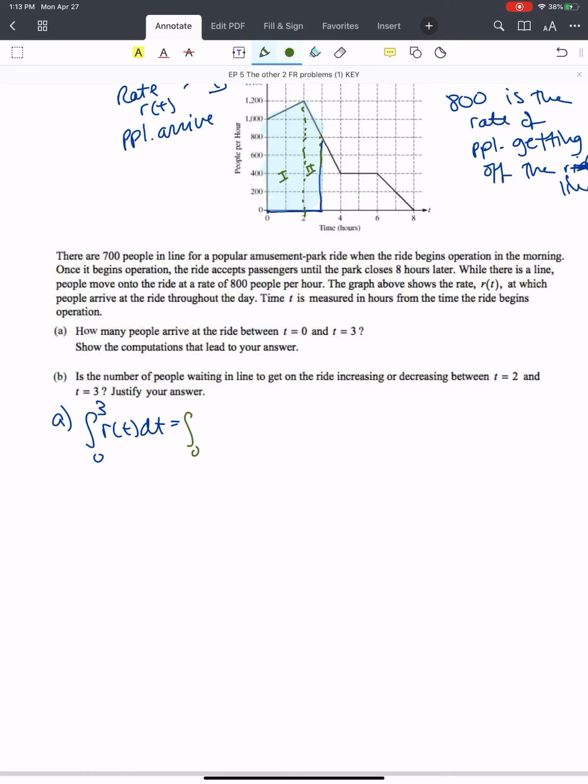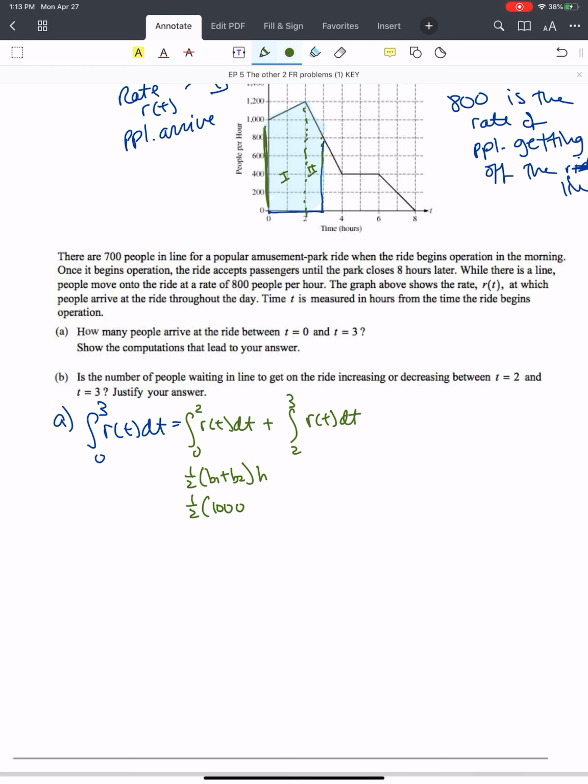So this is the same as the integral from 0 to 2 of R of t dt plus the integral from 2 to 3 of R of t dt. And when I use the trapezoid, that's 1/2 base 1 plus base 2 times the height. So that's 1/2 of 1,000, because the bases are vertical, up, down. So that's this. And plus the other base, that's this one. So that's 1,200.